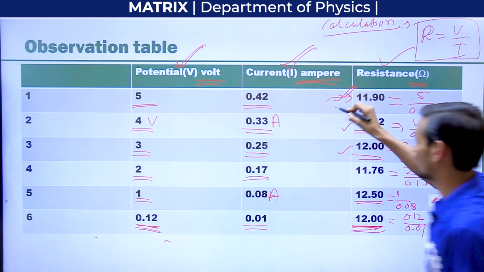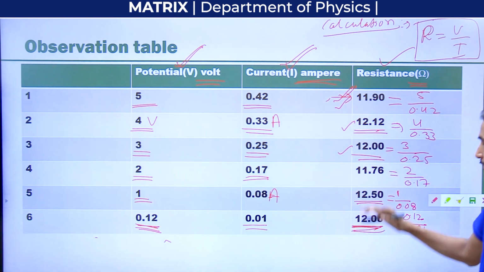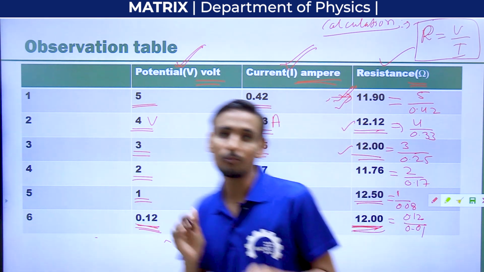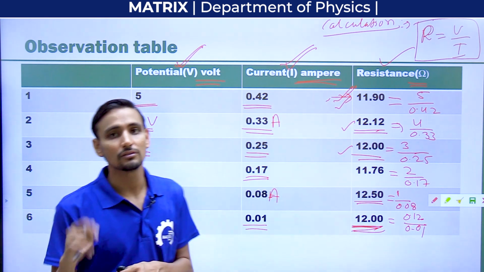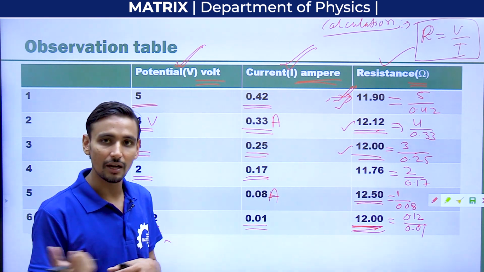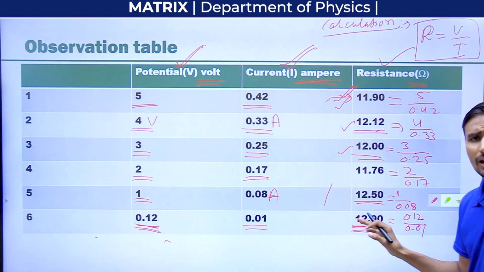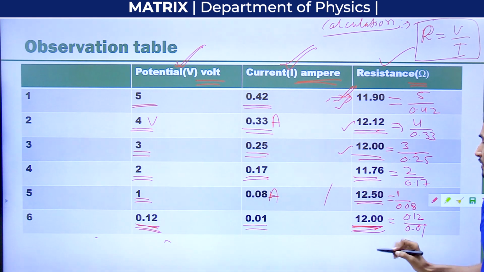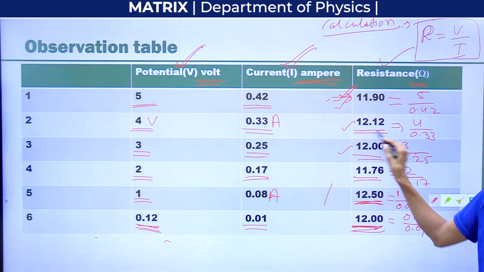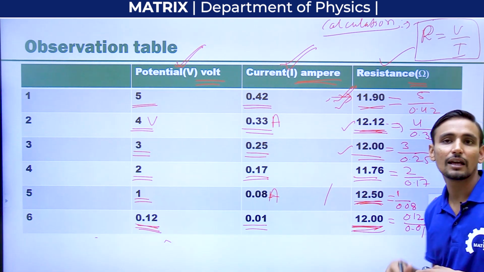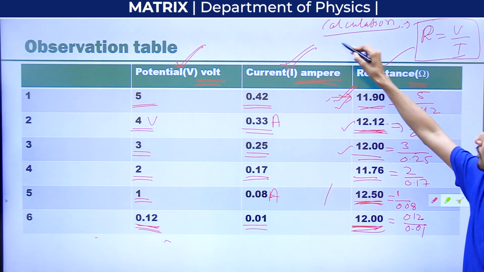Each reading will have a different value, but near 12 ohm, as I know the resistance of the wire I have taken is 12 ohm. The values are near 12 ohm, like 11.76, 12.50, 12.12, 11.90. So we calculate the resistance like this in the calculation part.